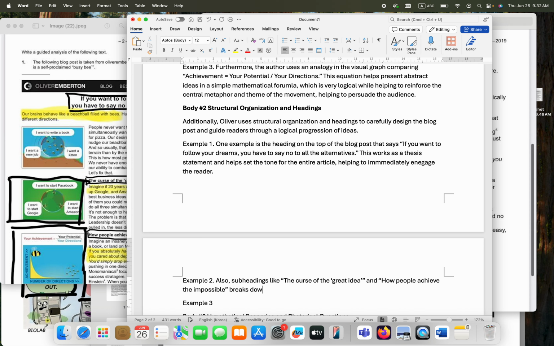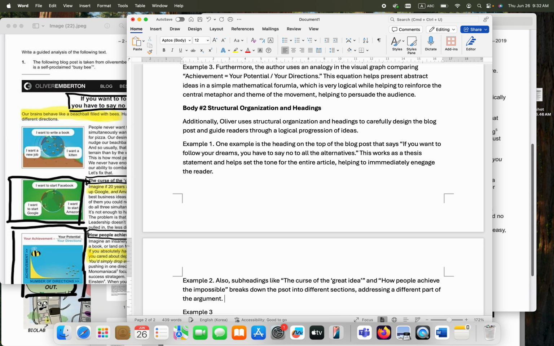Breaks down the post into different sections addressing a different part of the argument.